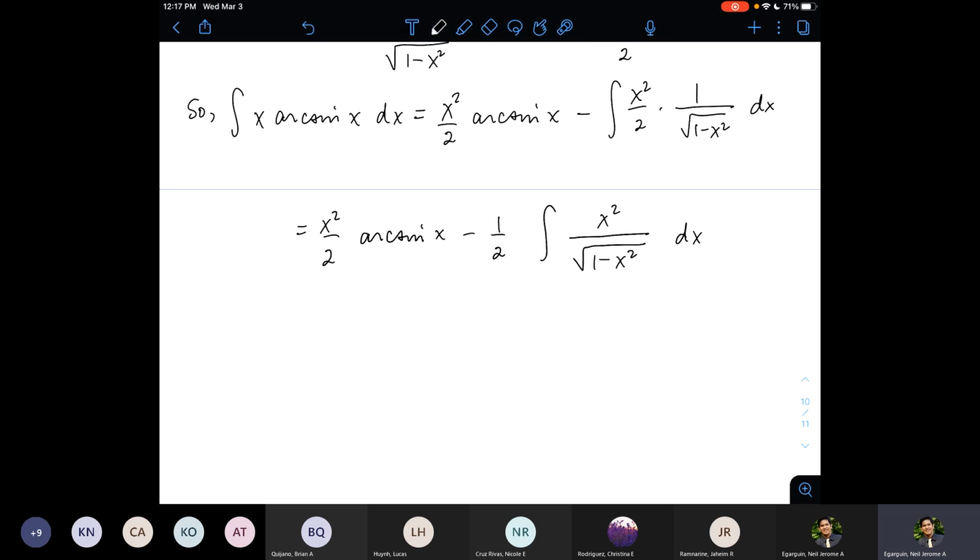So for this problem, one choice is to let u be equal to 1 minus x squared, but that will only require a 2x dx in the numerator, which we don't have at this particular point. So what would be the other choice for substitutions? Because I'm thinking that this might require trigonometric sub, which is section 8.3.